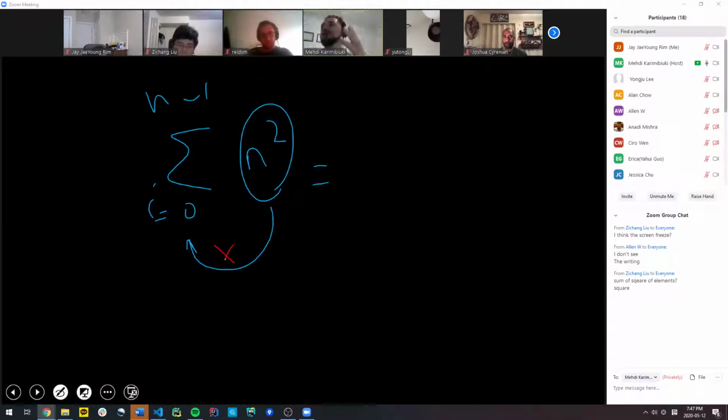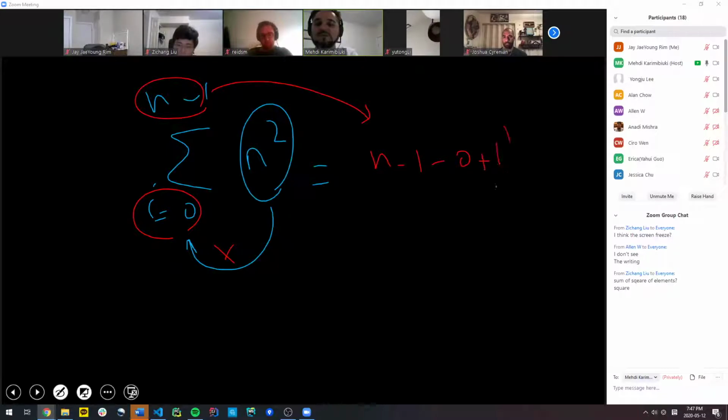So n squared is like a constant to i, right? So what we have is n minus 1, which is the upper bound, minus the lower bound, minus 0 plus 1. This is from last week, times n squared. So these cancel out, and that's going to be n times n squared is equal to n cubed.